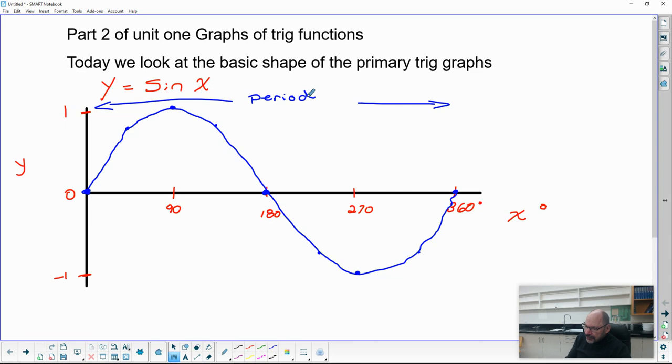Now this part here, from the very top of the graph to the center line, or from the very bottom of the graph to the center line, we call that the amplitude of the graph.